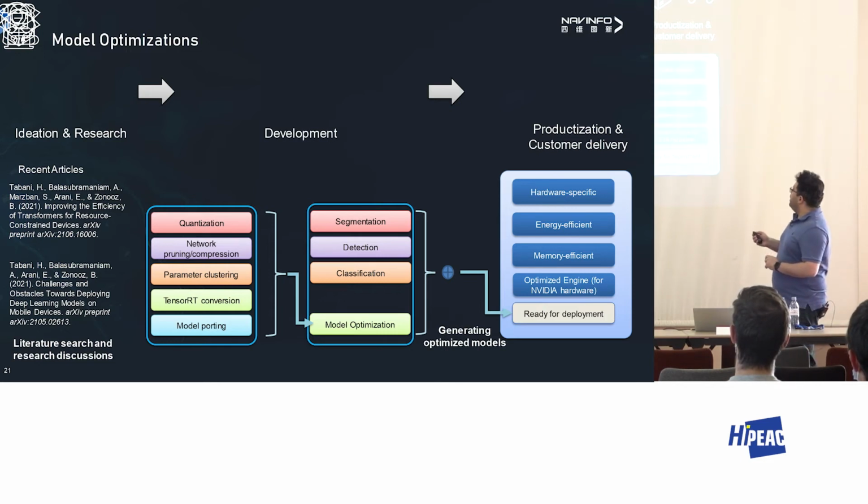Then we also optimize them based on the hardware, make them energy efficient, memory efficient, and also build an engine like TensorRT for Nvidia devices, and then we make it ready for deployment, and it becomes much more optimized.